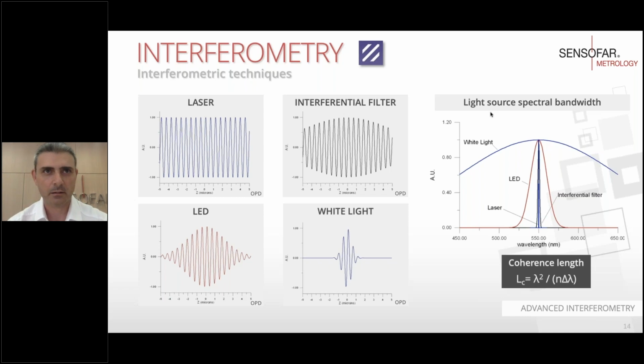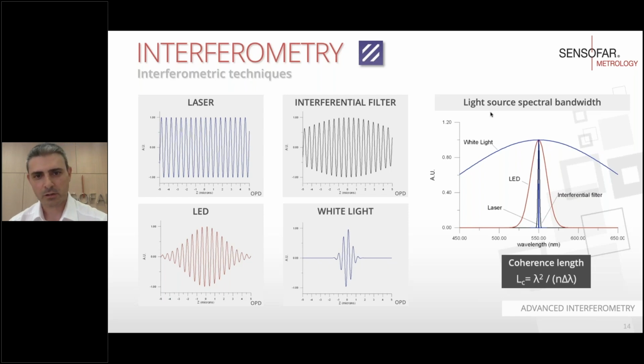Typically, a laser can be less than 1 nanometer bandwidth, up to 0.000 many zeros 1 nanometer, depending on the kind of laser. And this means that we can perform interferometry over very long distances. In fact, you can do interferometry from here to the moon by using some kinds of lasers.